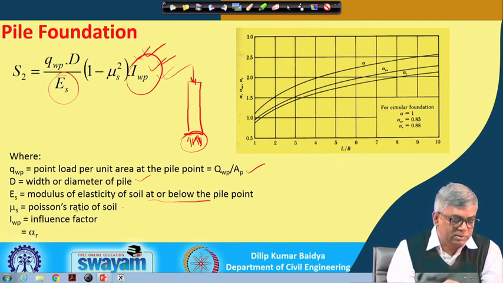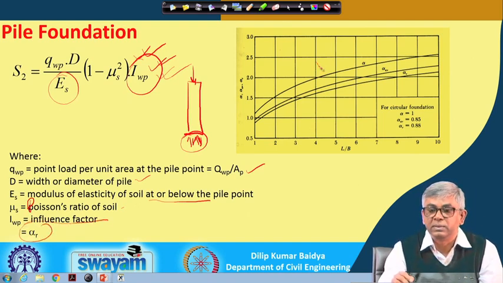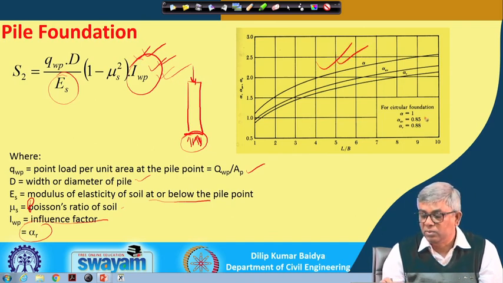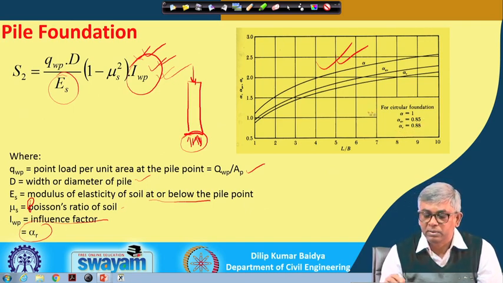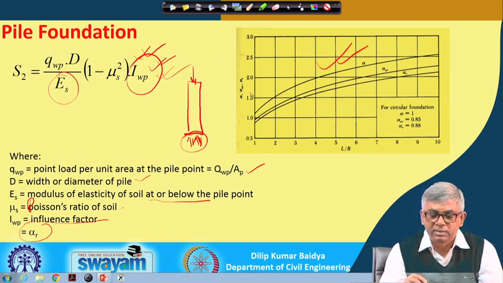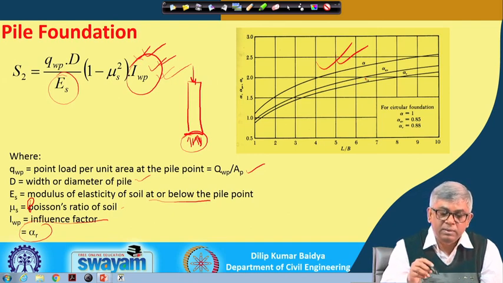Mu s is the Poisson's ratio, this should be capital, and this is the influence factor, and alpha r can be taken from this diagram. Alpha equals 1 for circular footing, alpha average 0.85 and alpha maximum equal to 0.88. This is for circular foundation, but otherwise we can find alpha average from here, L by B versus this value.